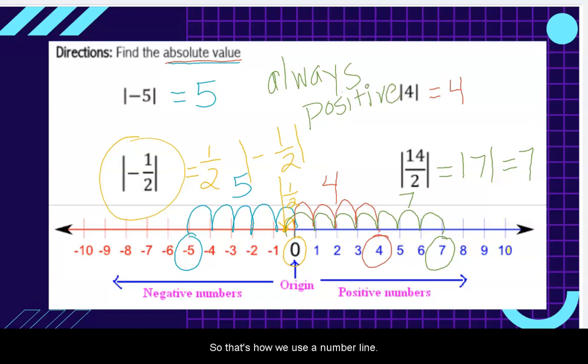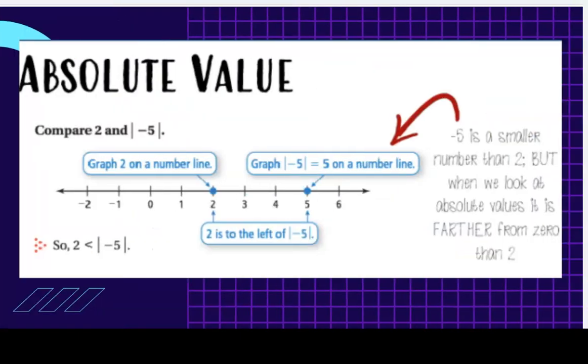So that's how we use a number line to find the absolute value of both positive and negative numbers. We can also use a number line to compare numbers that are absolute value or not absolute value. So we have this example here.